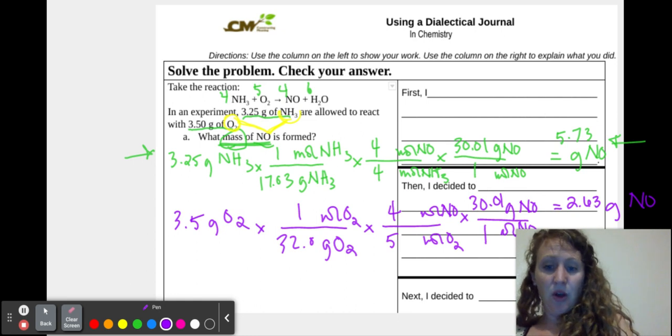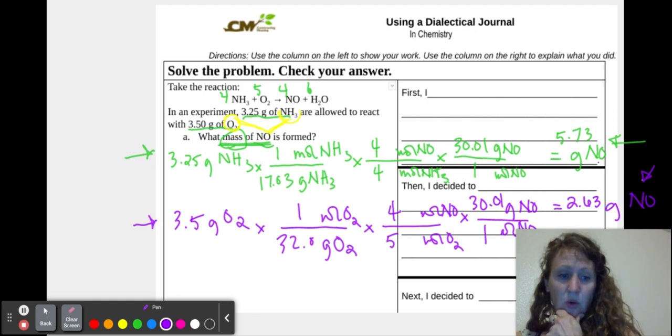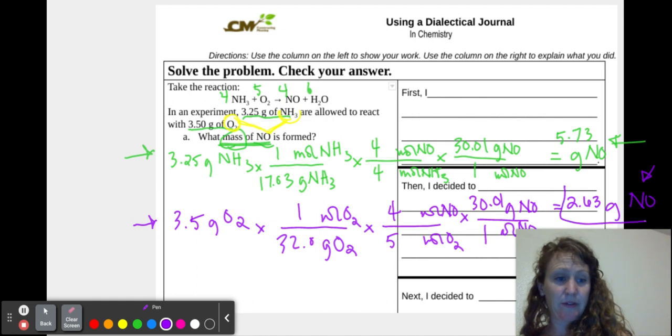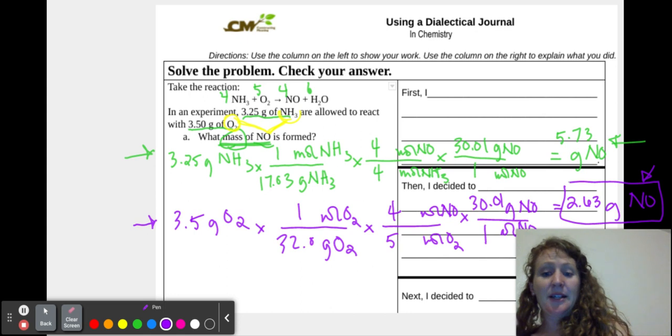If I use all 3.5 grams of oxygen, I can make 2.63 grams of NO. So, which one is my theoretical yield of NO? Well, my oxygen is going to run out and stop the reaction before more NO can be made. So oxygen limits.